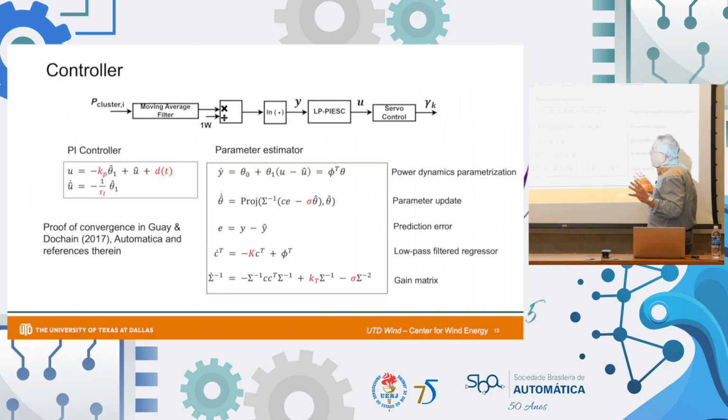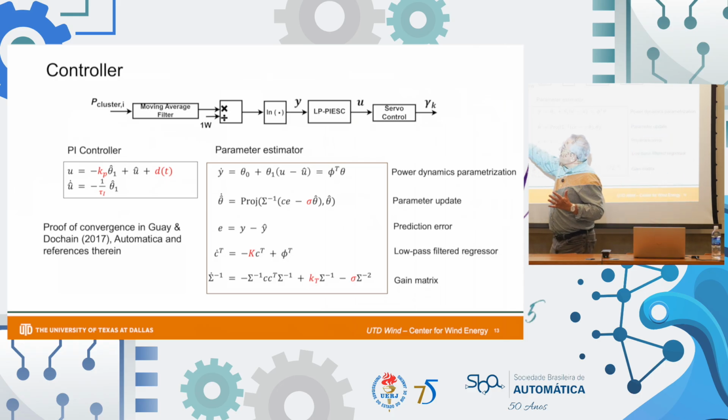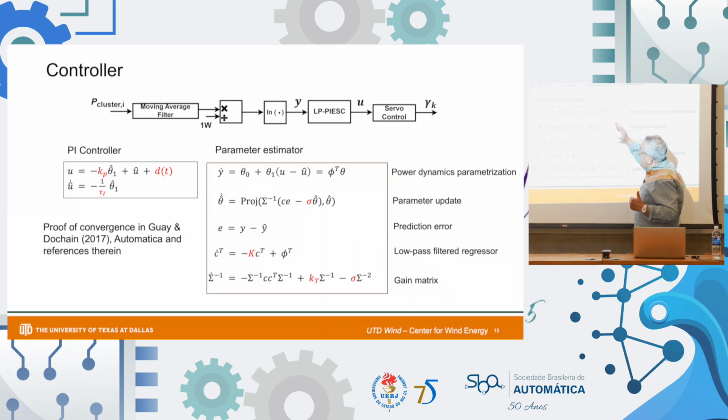At a high level, this PI-ESC has two parts. One is the proportional and integral part, where this is the integral part of the controller, and this is the proportional part of the controller that creates the yaw command with the perturbation added to it. And the other one is the estimation of the parameter theta 1, which is related to the gradient.